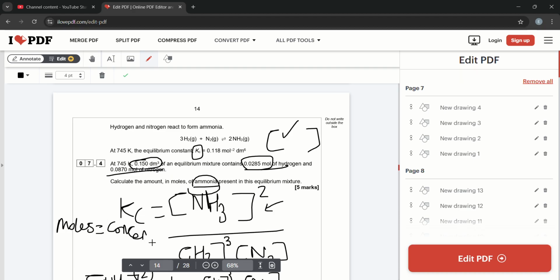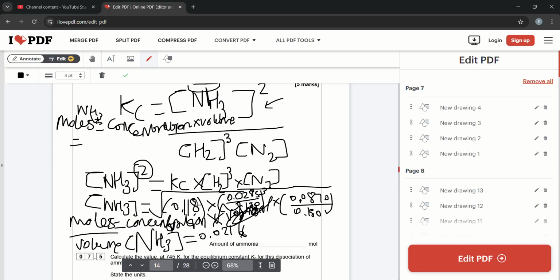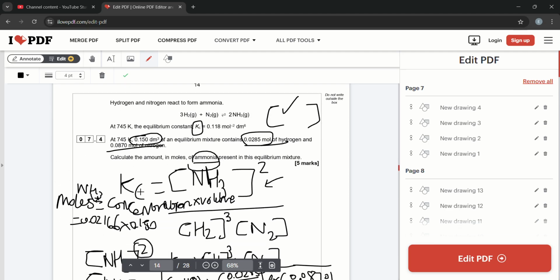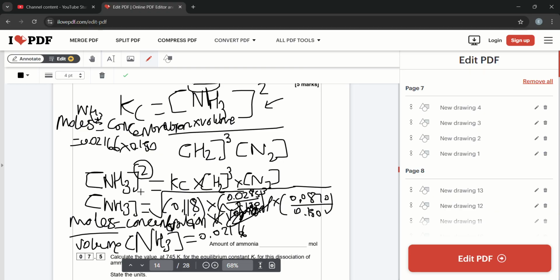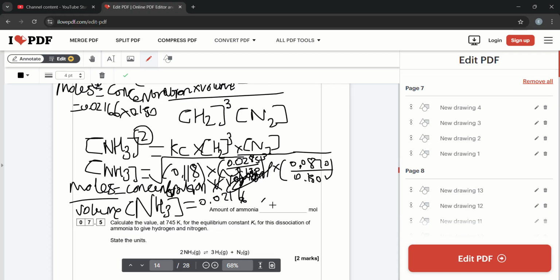Moles of NH3 equals the concentration, 0.02166, times 0.150, and volume is already in its correct unit, so we don't need to convert it. I get 3.25 times 10 to the power minus 3.